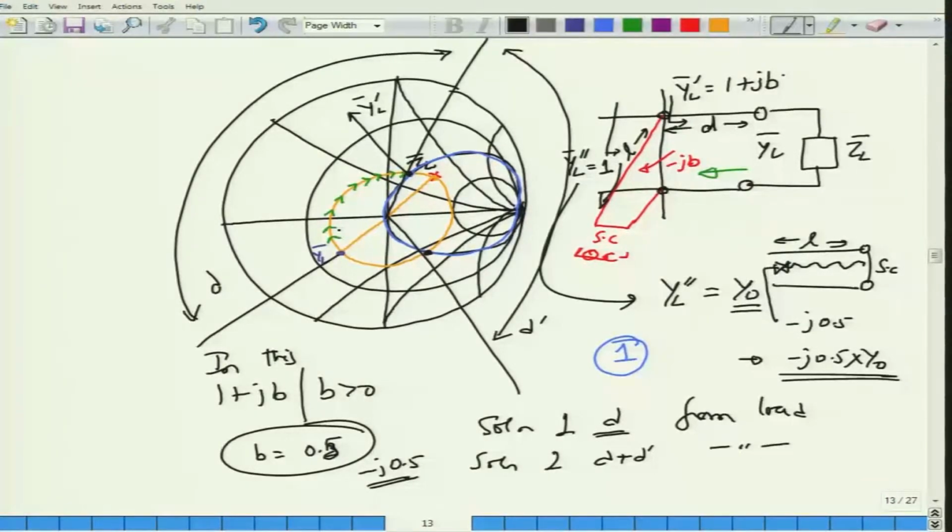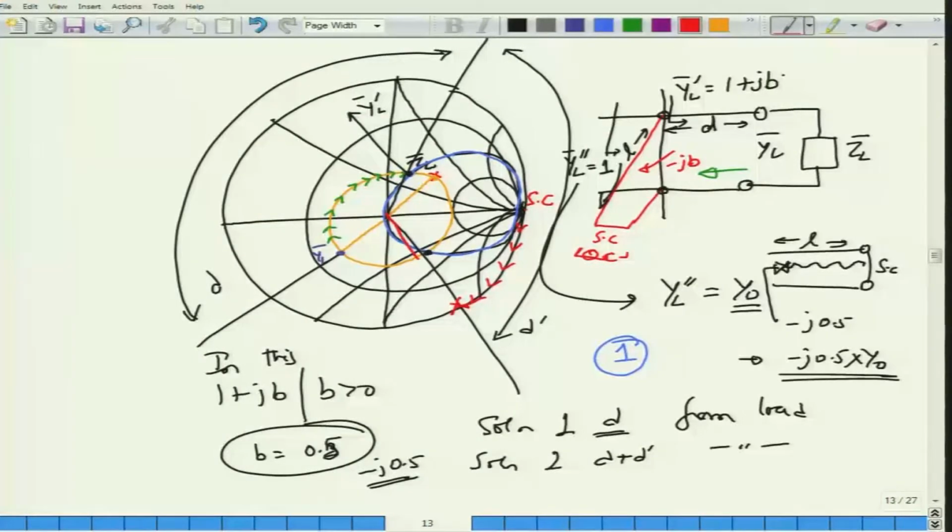On the Smith chart, when you consider it as an admittance chart, this point will become the short circuit, okay, and you now have to move along the outer periphery because there is no imaginary part for the admittance. The imaginary part of the admittance is 0, so which happens to be on the outer circle. So you keep moving from the short circuit point on the varying reactance circle, that is on the outer circle, such that you hit about minus j 0.5. So let us say that happens about at this point, okay.